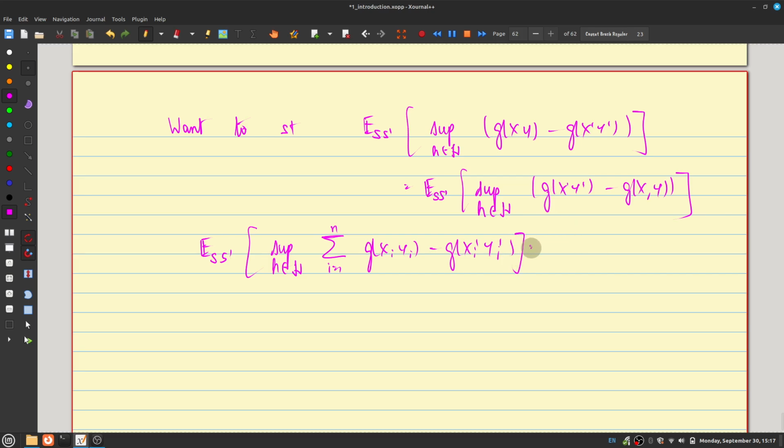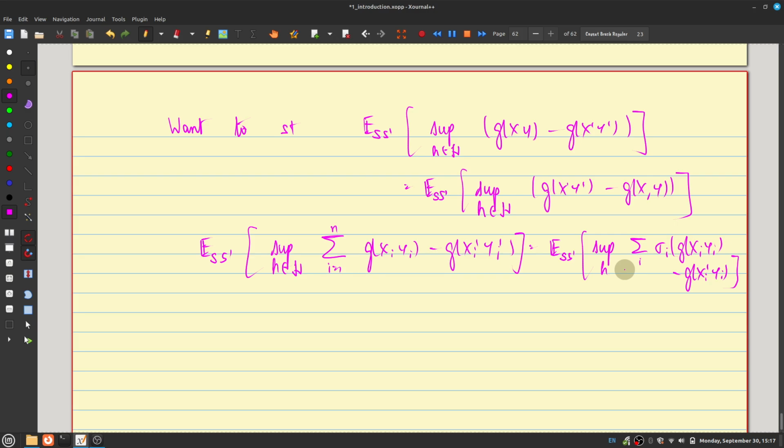I want to show that this is equal to the expected value over S prime of the supremum over all h of the summation over i of sigma i times g of xi yi minus g of xi prime yi prime.